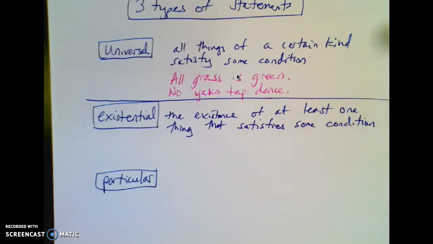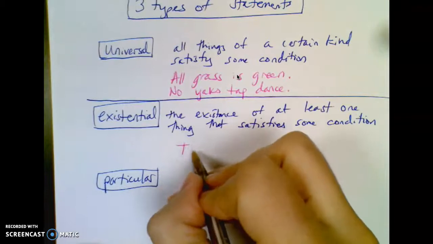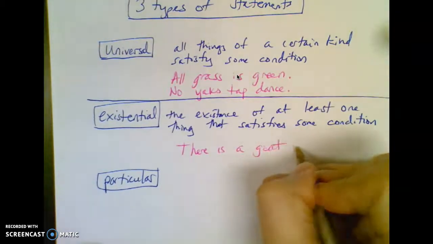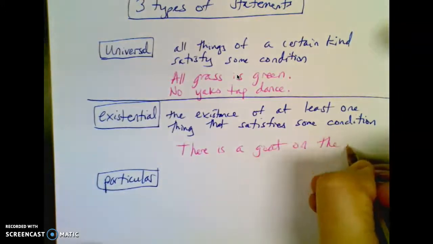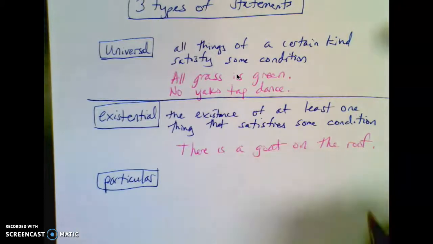Okay, so an existential statement would be something like, there is a goat on the roof. Okay, I'm really saying there exists a goat that is on the roof.